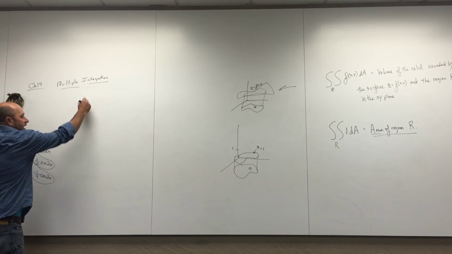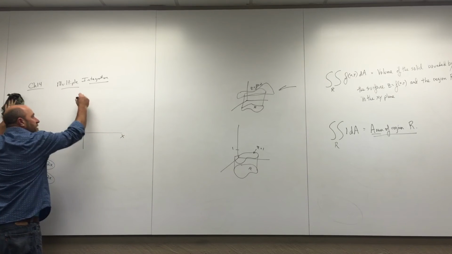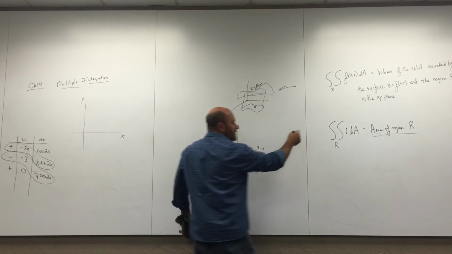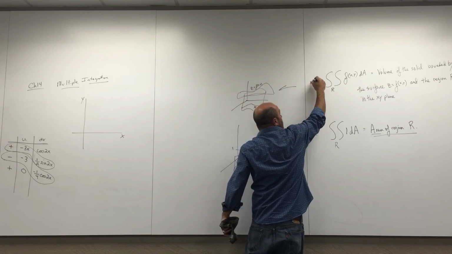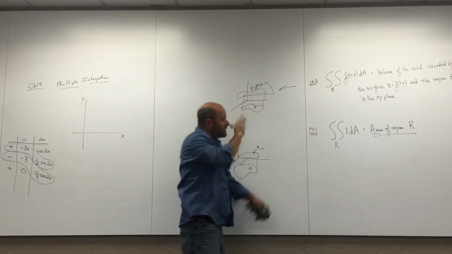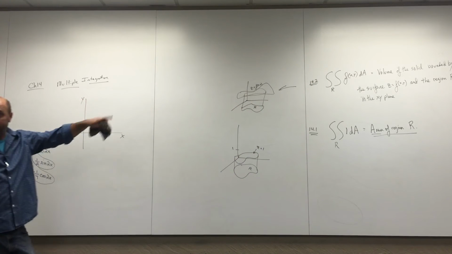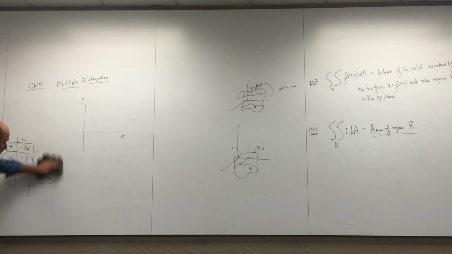So let's do some area. I'm going to put this in my notes here. This is 14.1, kind of, and this is sort of 14.2. But I like to do it all at once, like I just sort of did. I hope I didn't confuse you.